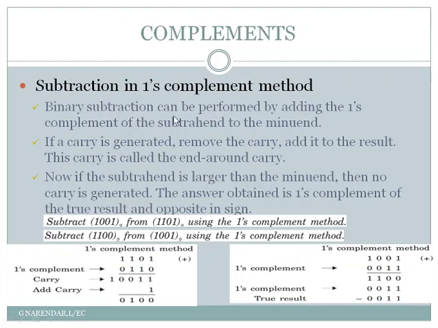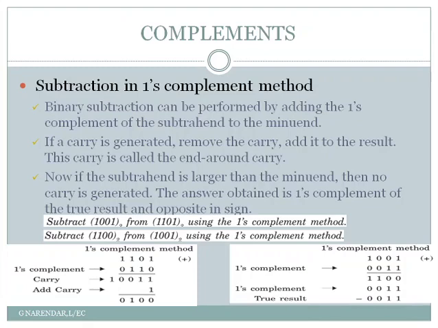Binary subtraction can be performed by adding the 1's complement of the subtrahend to the minuend. That is, in the direct method, you subtract the subtrahend from the minuend.